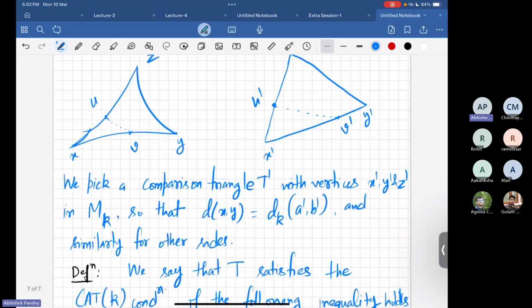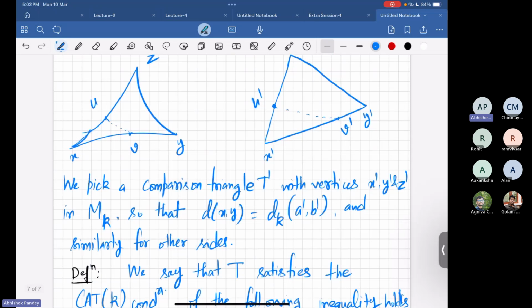I hope at least geometrically the idea is clear. We will see the examples later, but I hope the geometric idea of what is going on with these spaces is clear. Any doubt up to this point?